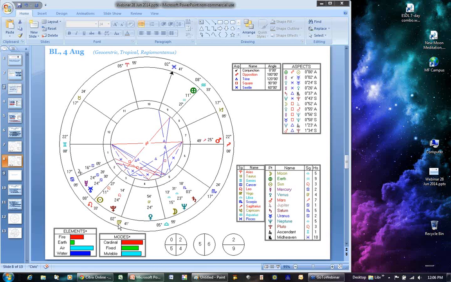Well, I don't. The Cancer stellium should give me some of that, and the Neptune in Libra should give me some of that intuition. And it's there, but can I articulate it?